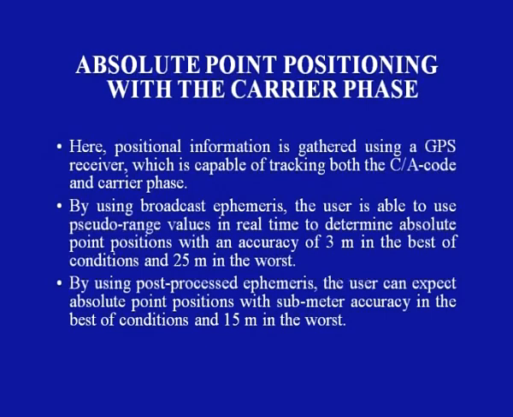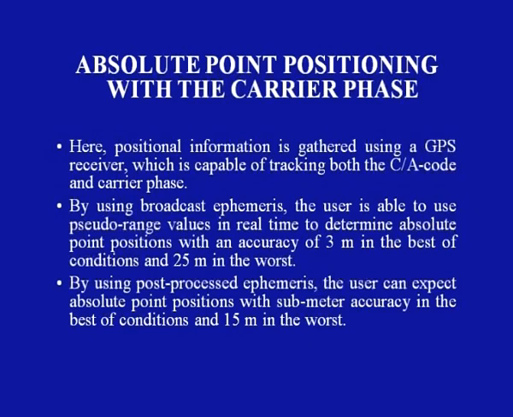Here in this technique, positional information is gathered using a GPS receiver which is capable of tracking both the CA and P codes and the carrier phase. By using broadcast ephemeris, the user is able to use pseudo range values in real time to determine absolute point positions with an accuracy of 3 meters in the best of the conditions and 25 meters in the worst of the conditions.